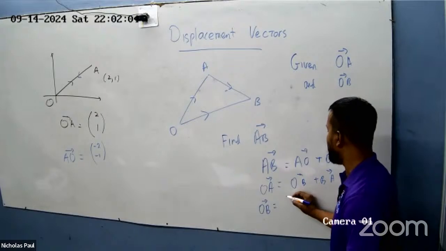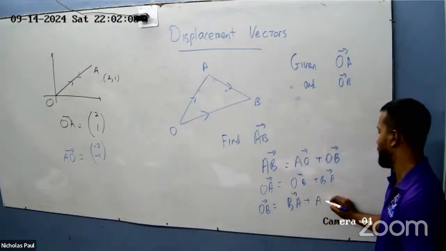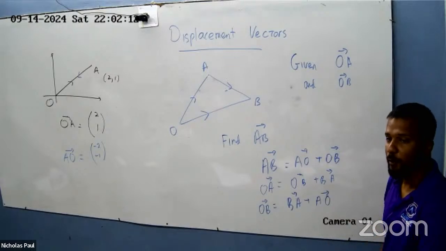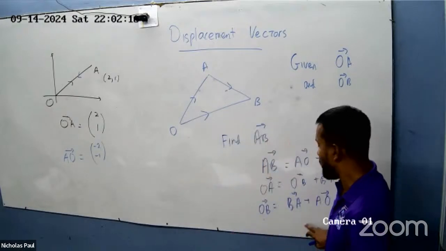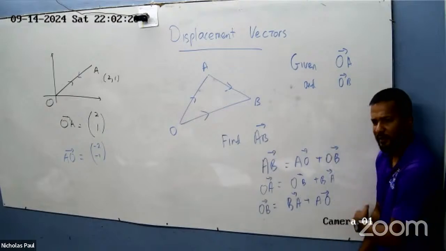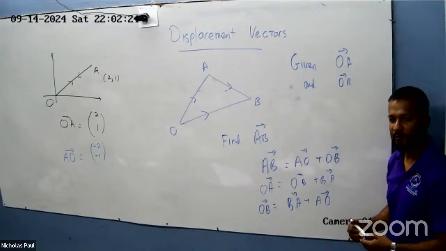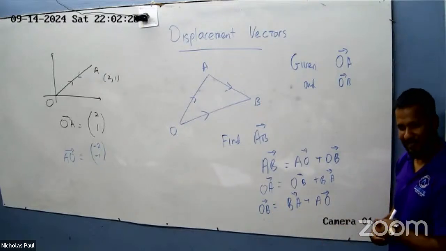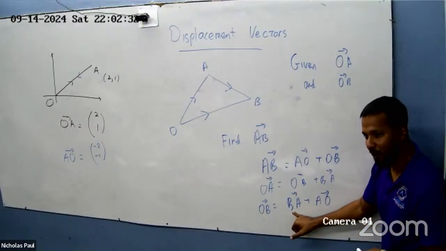You go from B to A, and then A to O. Right? How do you know it's right? It's not right because she started where?